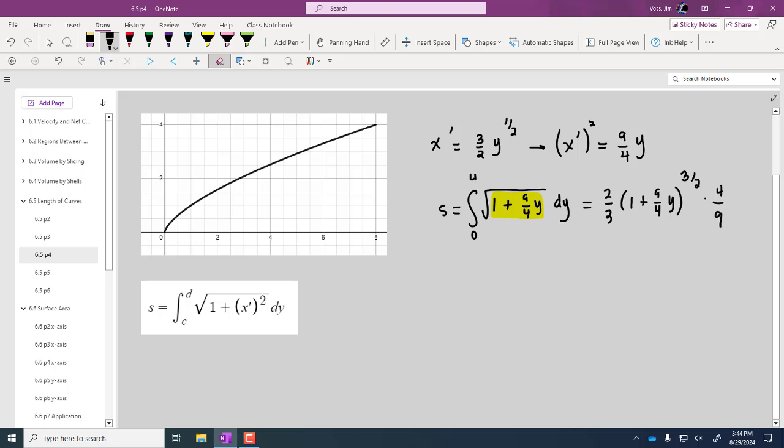So that part right there is how we could do it with RCR instead of using substitution, but you will get the exact same thing. Okay, so this is going to be 8 over 27, and we still have our limits of integration 0 to 4. 8 over 27, 1 plus 9/4.